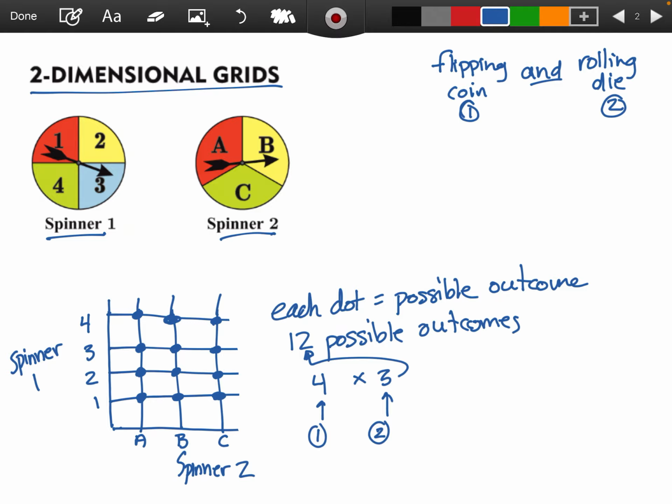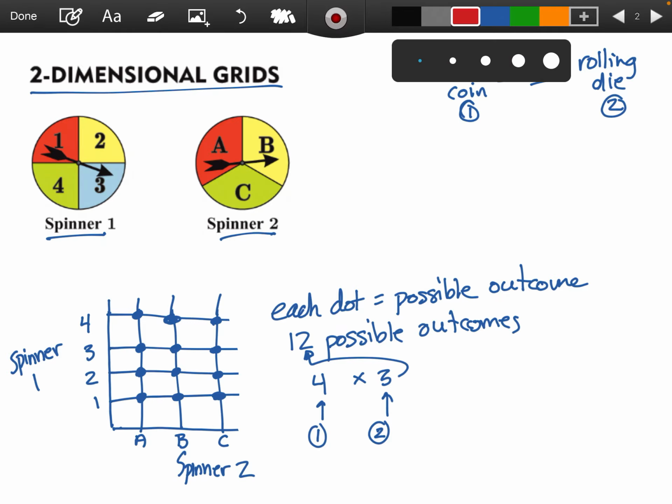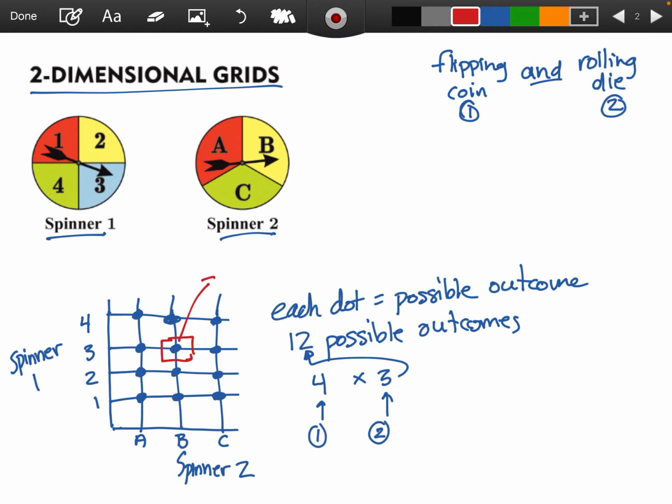So what the grid does is it shows you what all the possible outcomes are. If you take one of the outcomes in particular, let's take this one for example, that outcome means a 3 on spinner 1 and a B on spinner 2.